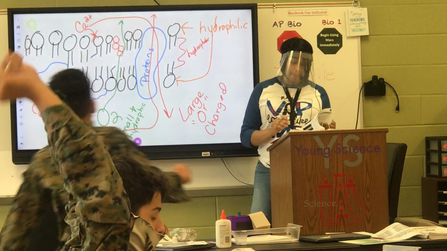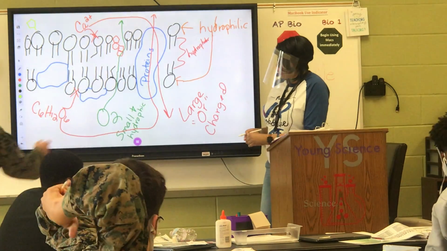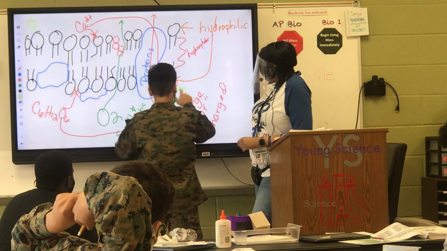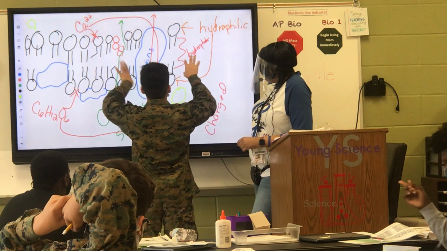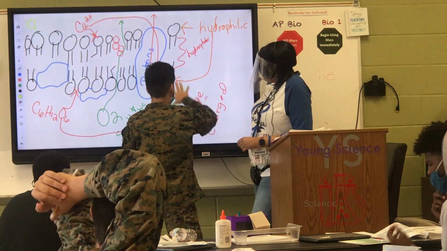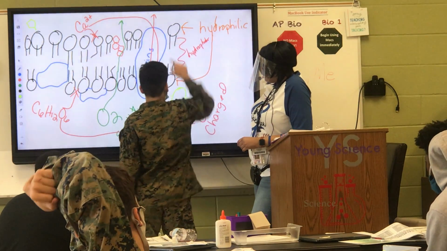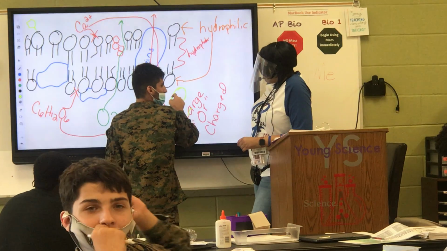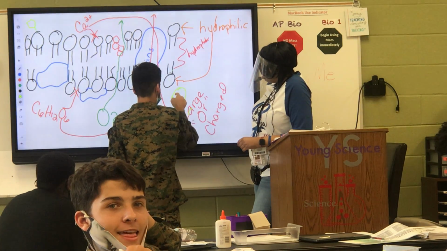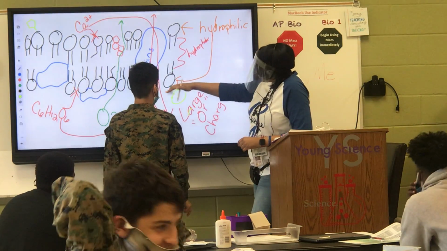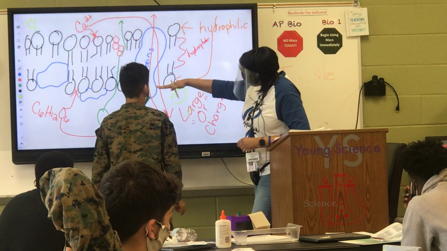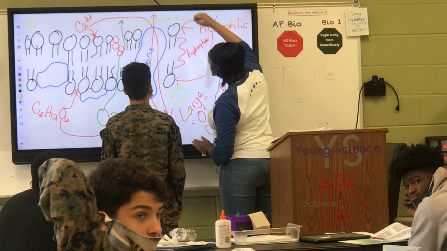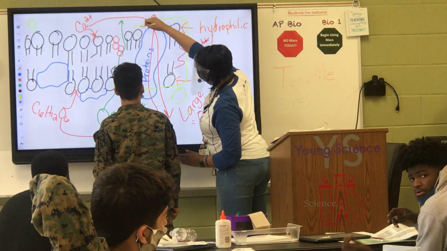Okay. So this is the head. And you said that this is inside the cell membrane. If this is the inside of the cell, then this is called the internal face of the membrane. This whole thing together is the cell membrane.